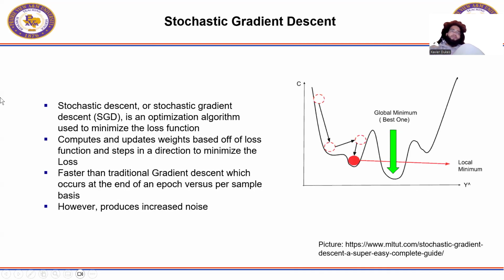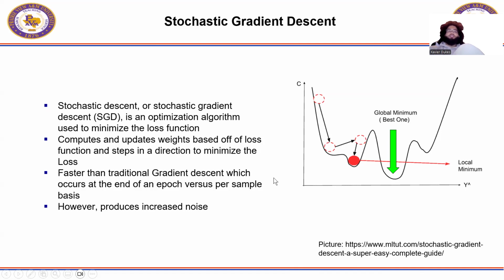And you have stochastic gradient descent versus traditional gradient descent. Stochastic gradient descent is used as an optimization algorithm, and it attempts to minimize the loss function. The difference is that it computes and updates weights based off of a loss function and steps in a direction to minimize that loss function.